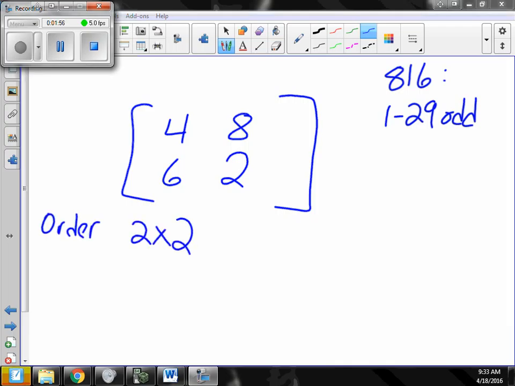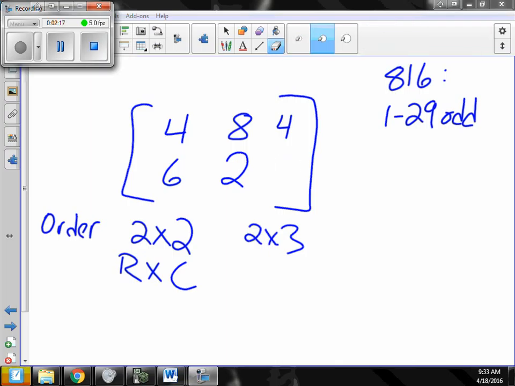The order is defined row by column. So that matrix has 2 rows and 2 columns. So if I added another column, that is now a 2 by 3 matrix. You will never see a matrix that's missing something like that. You could put a variable in there, but you will always have the same number of items in a row and the same number of items in a column.